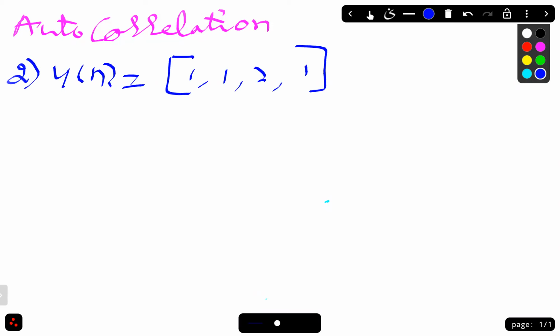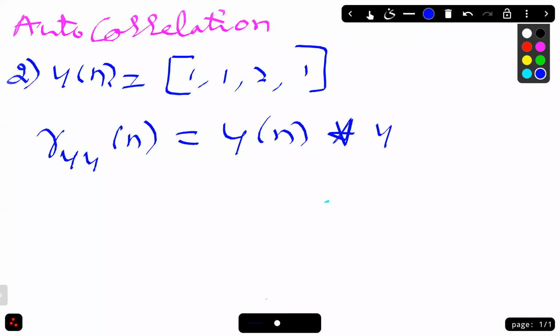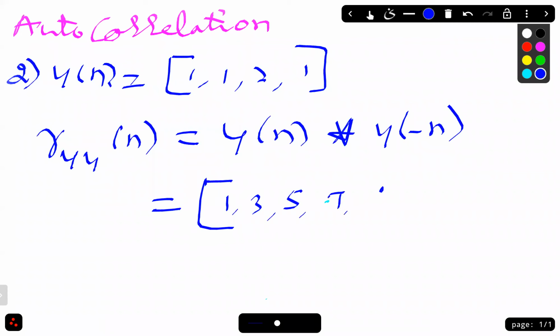And we are writing r y of n is equals to y of n convolved with y of minus n. The answer is how much we are getting? We are getting 1, 3, 5, 7, 5, 3, 1. So here is the arrow part again.